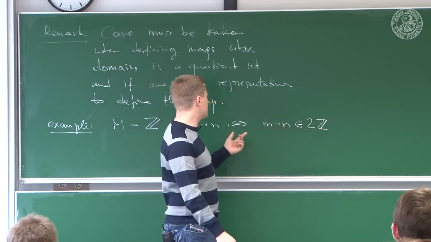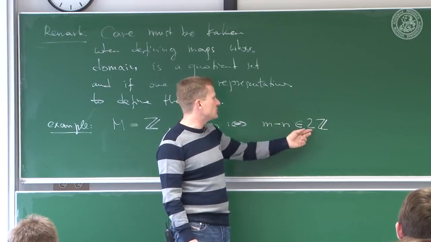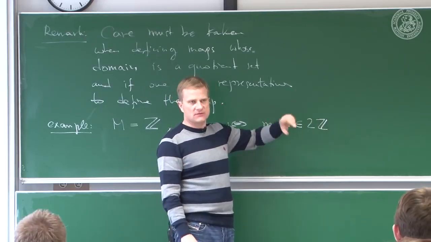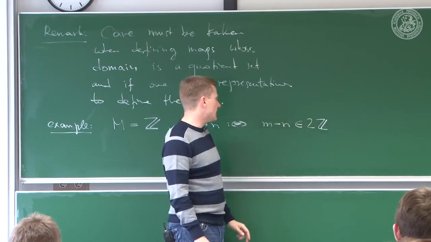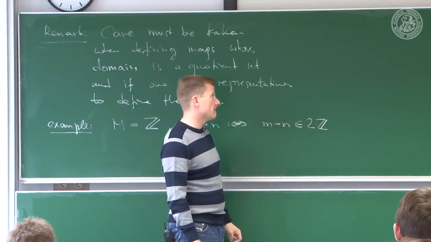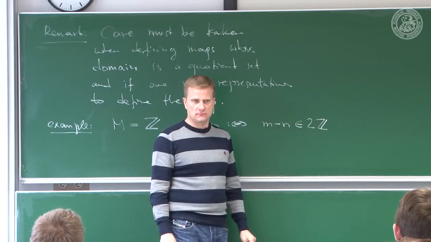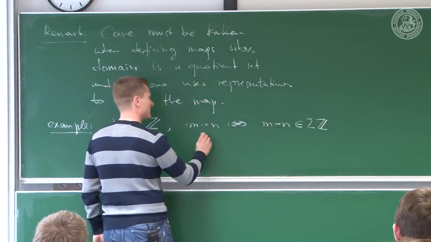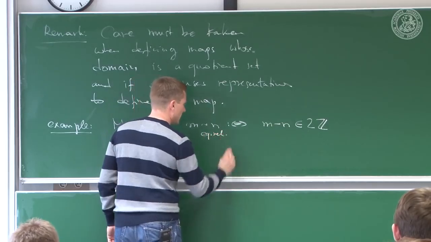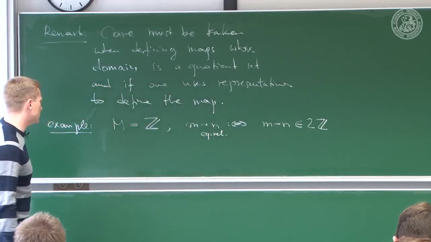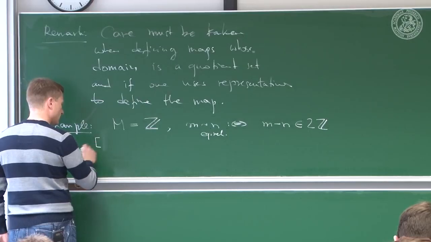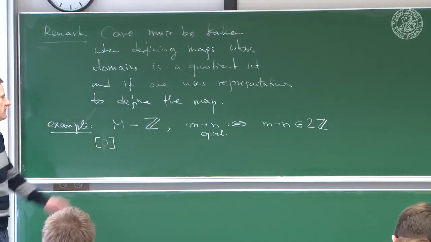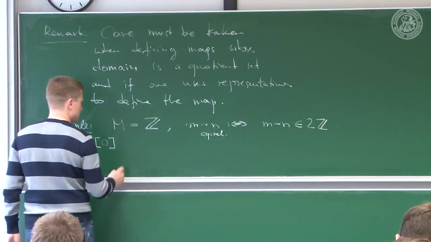Good. Is it symmetric? m minus n is in 2Z. What about n minus m? Well, it's also in 2Z because just the sign changes, and the transitivity is also given. Okay, so this is an equivalence relation. Good. And if it's an equivalence relation, we can ask ourselves, what is the equivalence class of 0, say, which lies in Z?